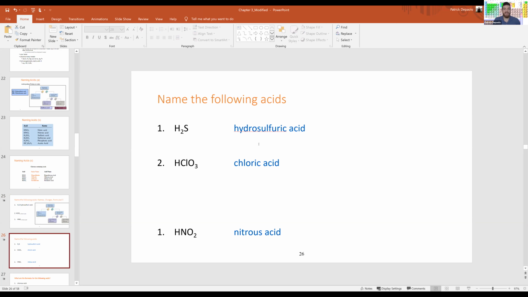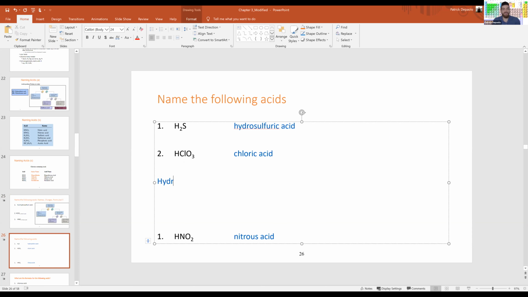Just like I was mentioning that hydrosulfuric acid and sulfuric acid are different, chloric acid and hydrochloric acid are different. Hydrochloric acid equals HCl, whereas chloric acid, you have chlorate and you change it to IC, make it chloric. So chlorate is ClO3. Yep, this stuff kind of sucks, I know.